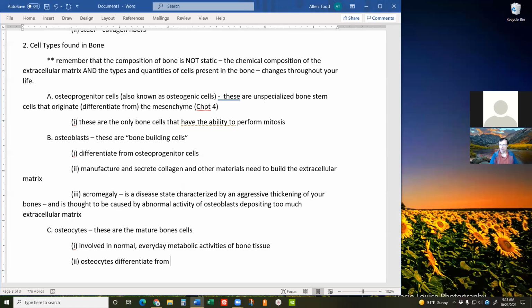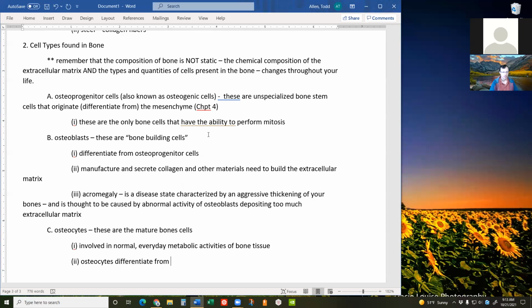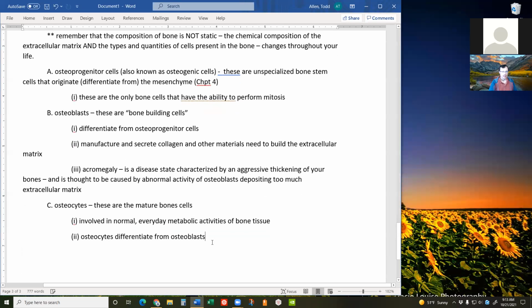Okay. Gotta watch my time here. There's an interesting other bone cell that we should put in your notes at this time, and that would be the osteoclast.